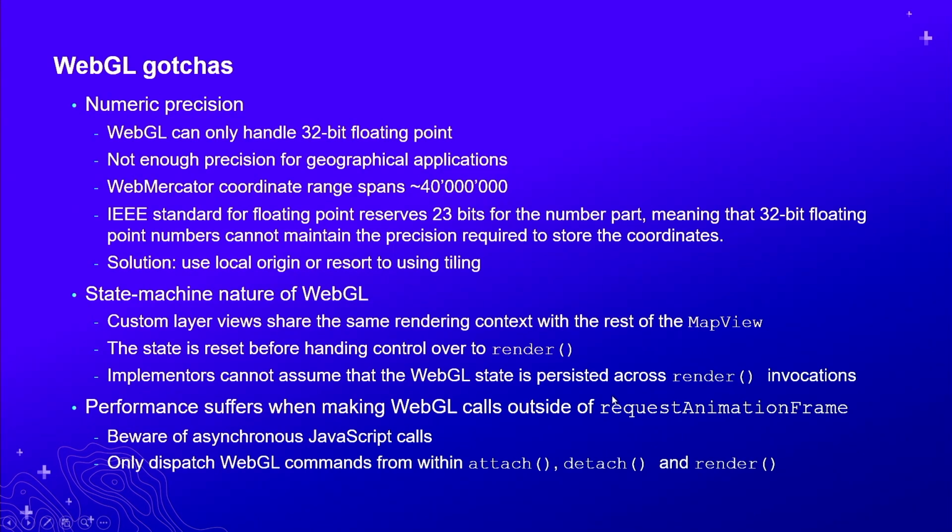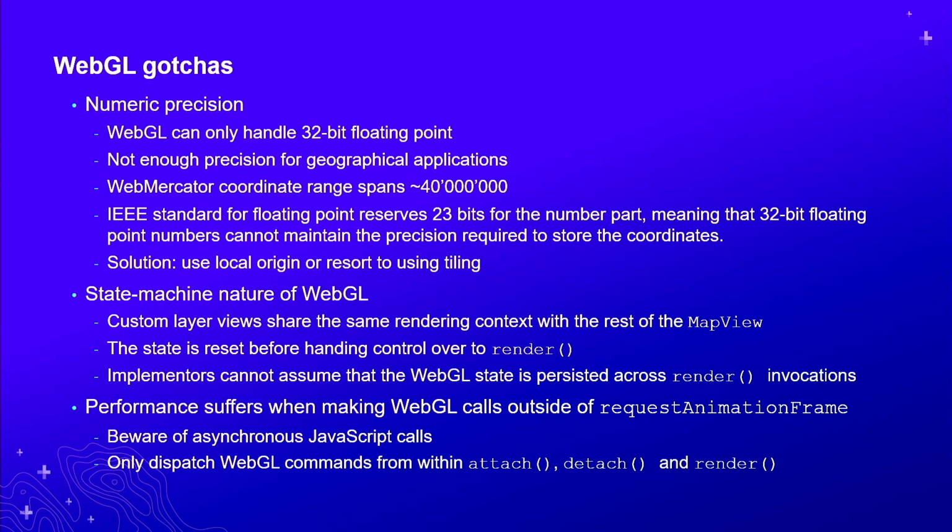Another problem to bear in mind is that WebGL is a big, giant state machine. So when you're implementing your custom layer, whether you're writing pure WebGL or using a third-party library, whether it's Three.js or deck.gl or any other library, you need to understand that the state cannot be guaranteed to be the same in between draw calls. What I really mean is that when you render, you're setting your own state, whether you're binding textures, setting blend modes, shader programs and whatnot.